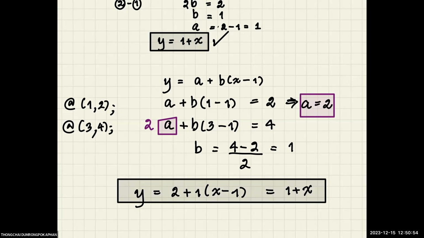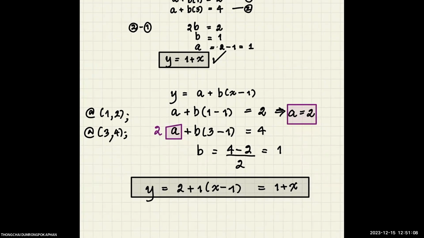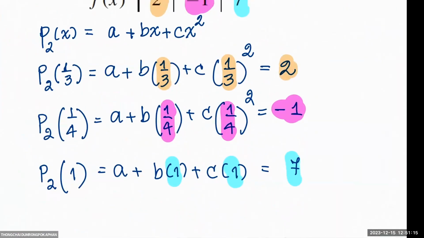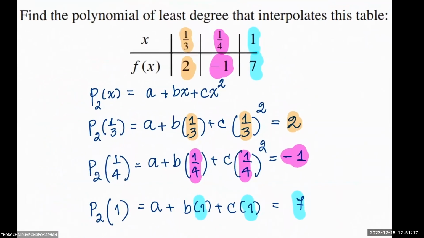Okay, the same thing. But for this one, it's easy for me to solve for A and B. How about if I have three data points? Three data points like this, okay?